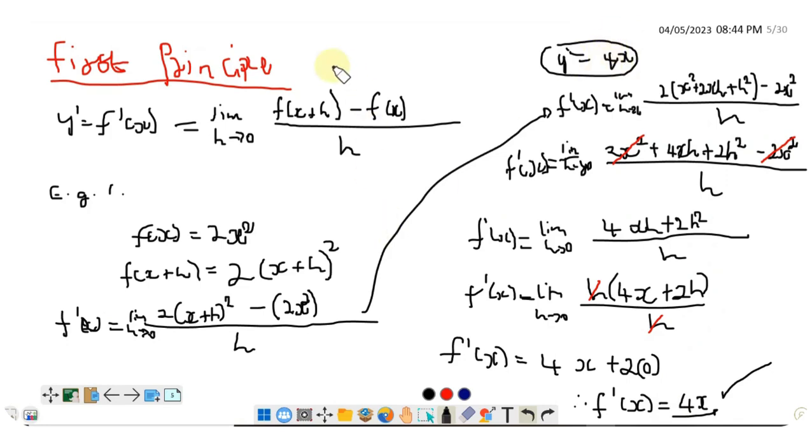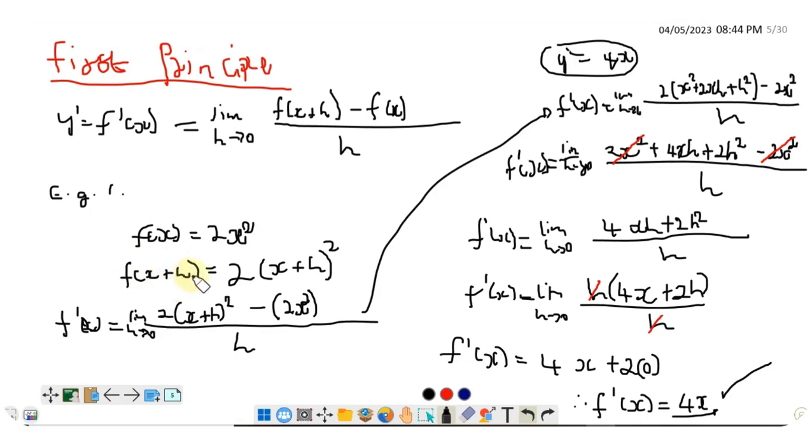So let us go back and see what the steps are. You get the given f(x). The first thing you do is write down f(x plus h), because this is the second point.